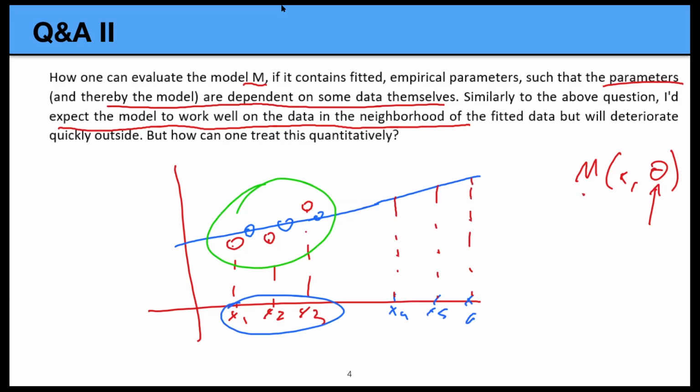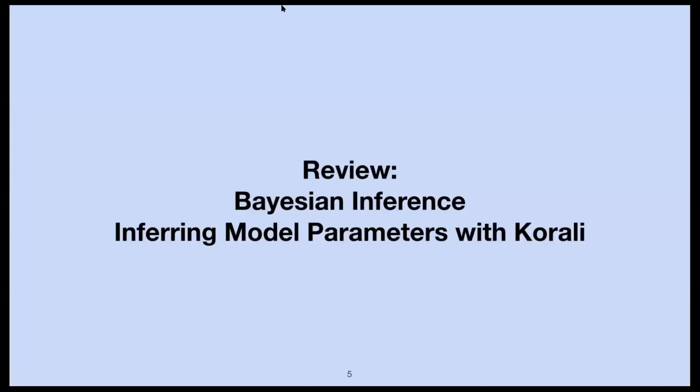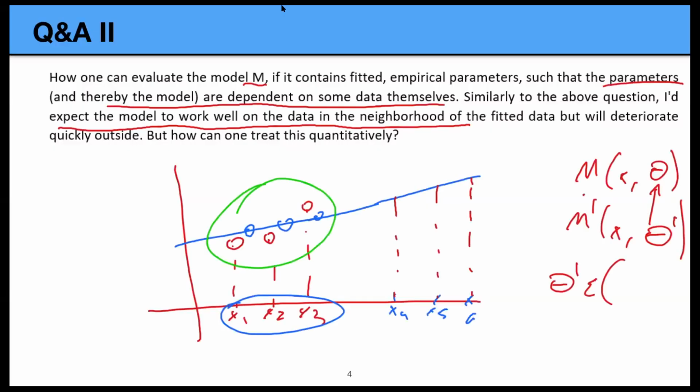You should create a new model M prime where you contemplate x and parameters prime, and parameters prime include the original parameters plus some kind of error estimation parameters.